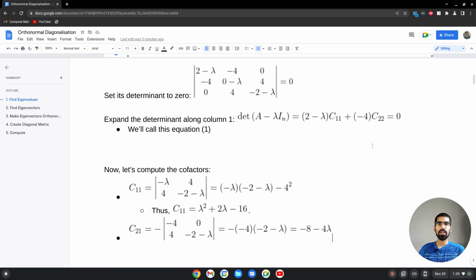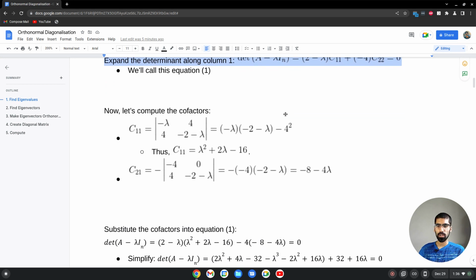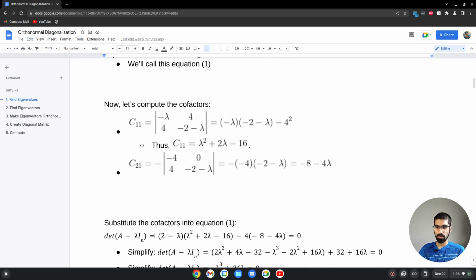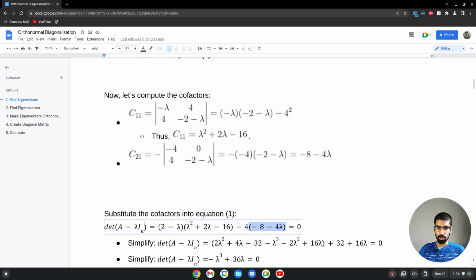So now that I have both cofactors, I can substitute them into this equation and then finally solve for my eigenvalues. So I substituted the cofactors here and here. Simplify the equation by collecting like terms here and here, and a bunch of these cancel out.